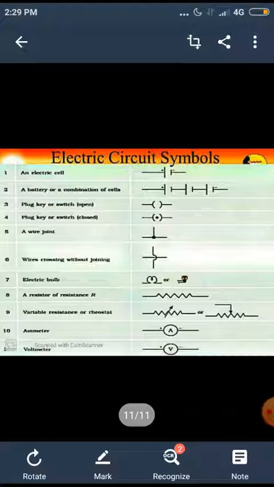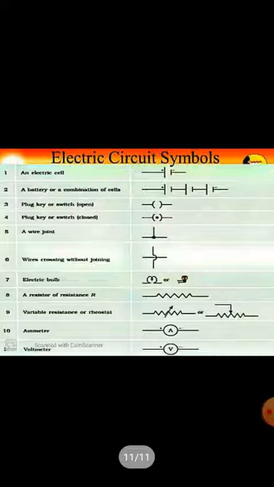Then we have an open plug key and a closed plug key, a wire joint, wires crossing without joint, a bulb, a resistor that limits the flow of current. Then the rheostat, which regulates the current in a circuit without changing the voltage source. And the last two symbols of an ammeter and voltmeter, which are used for measuring current and potential difference.